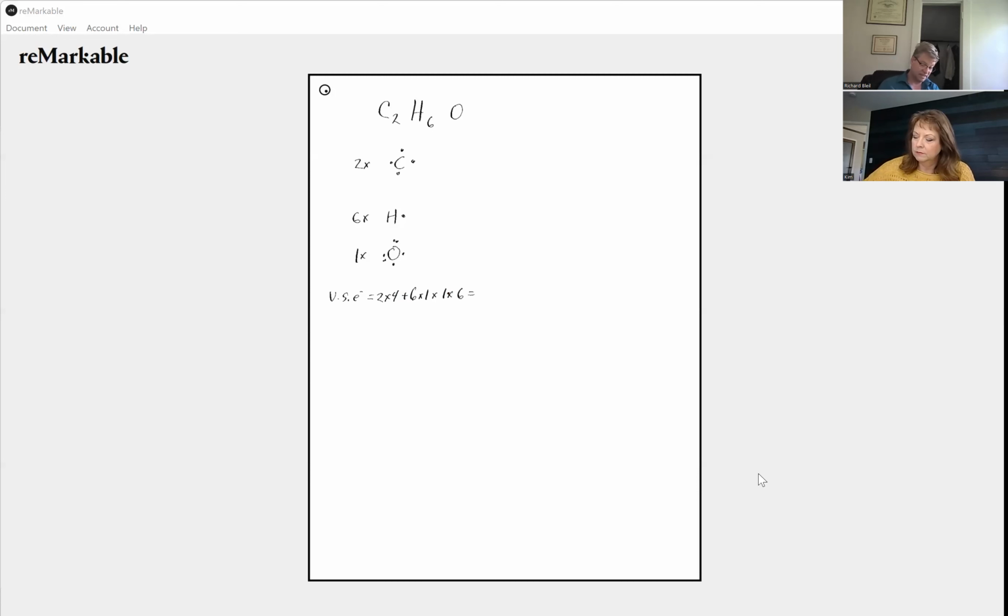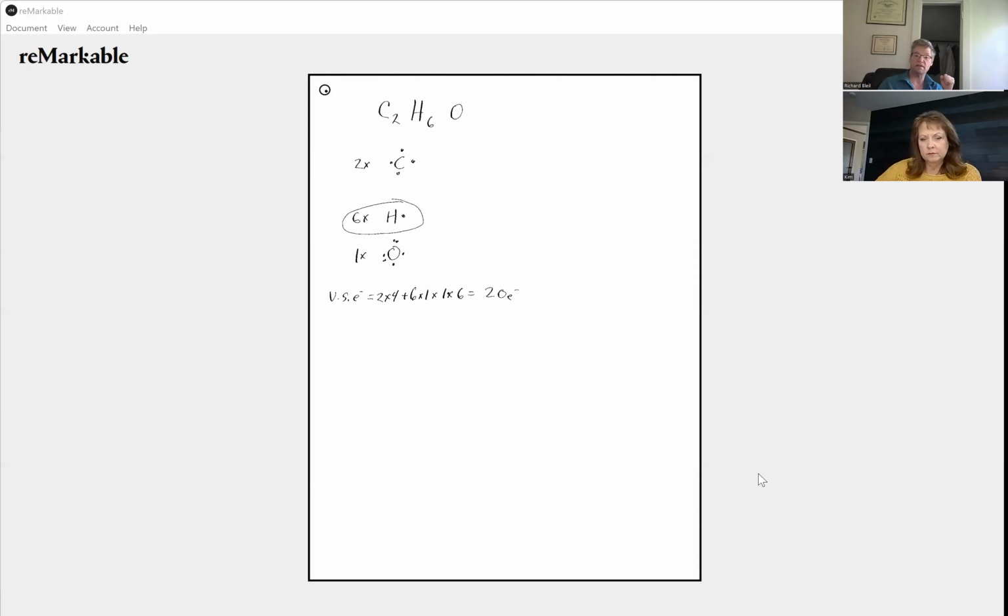So that's 8, 14, 20. Did I count that up right? Yeah, 20 valence shell electrons total. What do we save as last? Well, in this case, we're going to save the hydrogen as the last thing that we add.